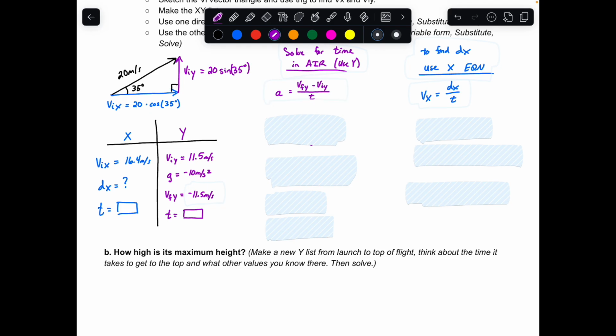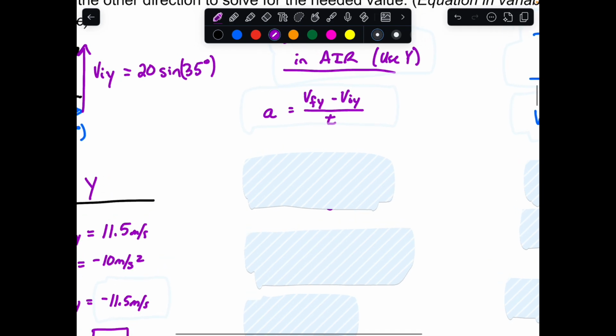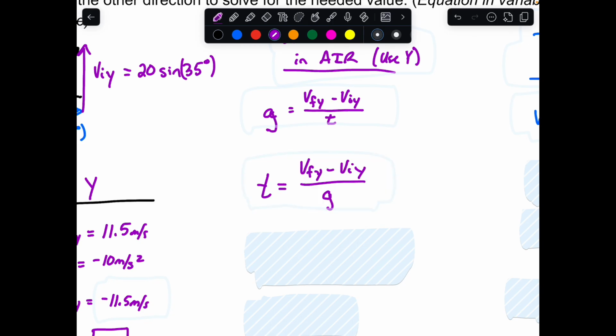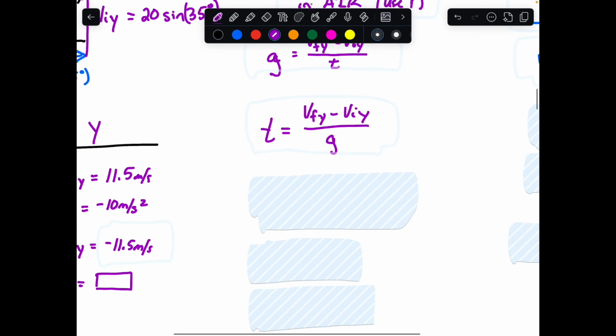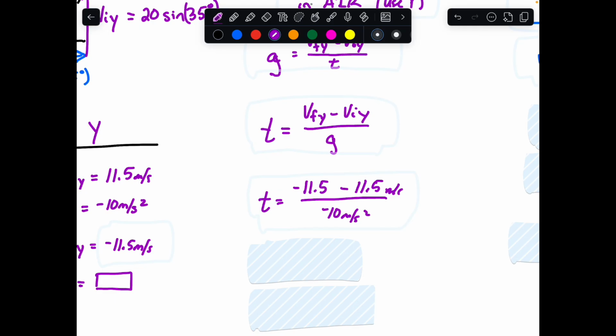I can choose an equation like the change in velocity over time is acceleration, and solve that for time, with g being the specific acceleration of gravity. So we're going to have g here instead. And then I can substitute in my final and my initial velocities divided by the acceleration of gravity to find the total time in the air. I'm going to plug my numbers in.